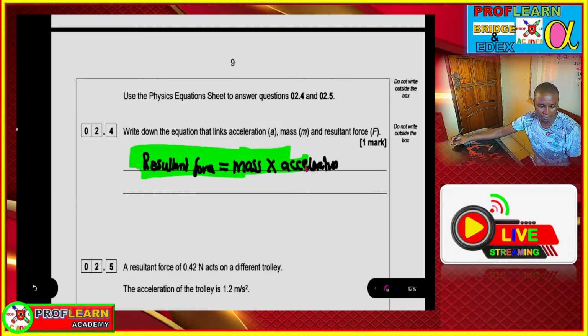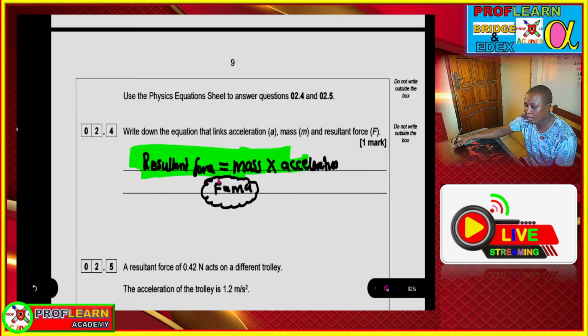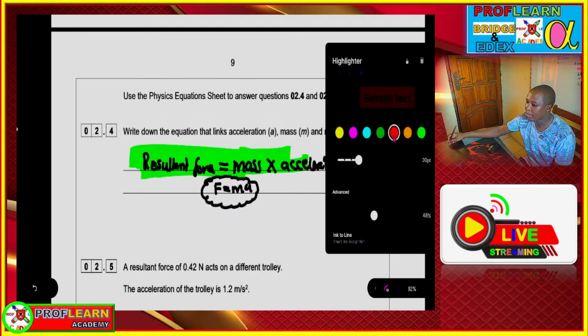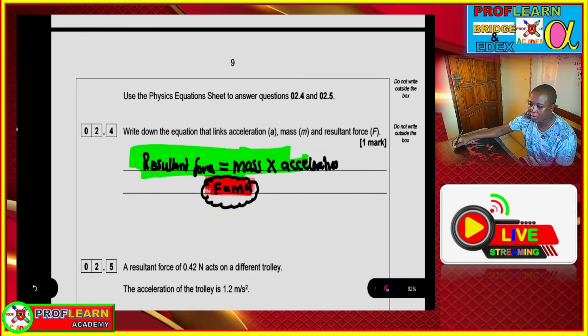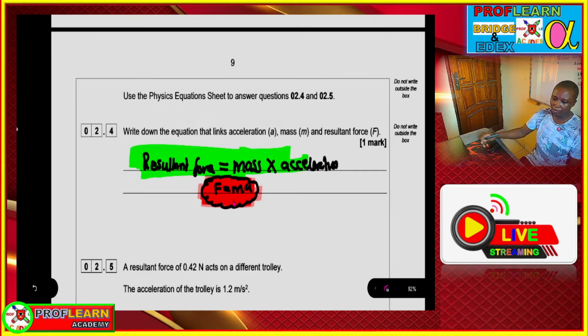That is the famous F equals ma, known as Newton's second law of motion.